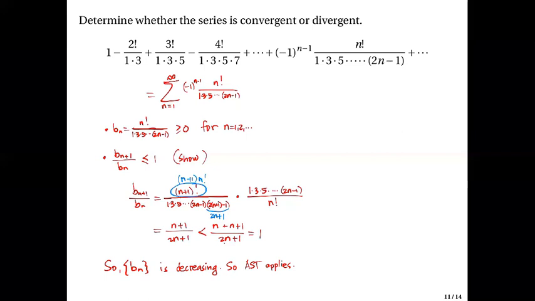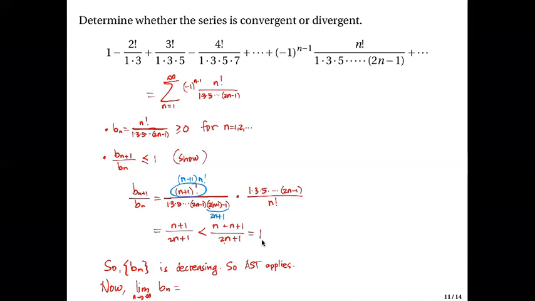We have here the limit of Bn as n approaches plus infinity. But what is this? Instead of applying AST here, we now know that Bn plus 1 over Bn is less than 1.